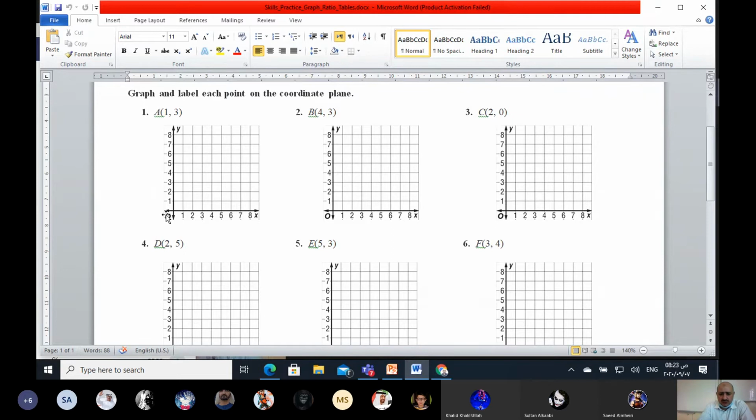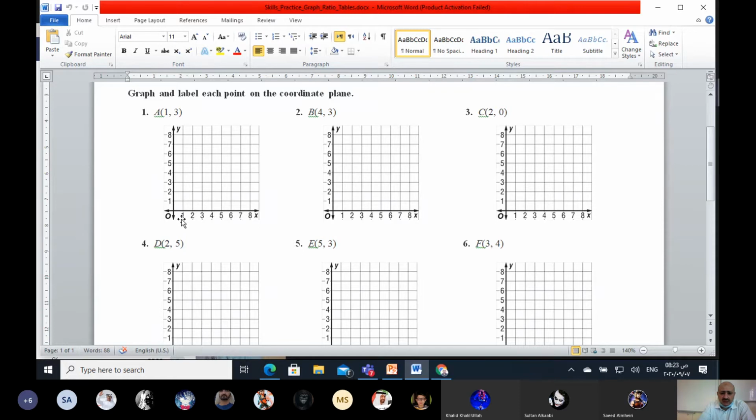The coordinate plane includes the horizontal line x-axis, the vertical line y-axis, and the origin point O. Here we have 1, 2, 3, 4, etc., and here we have 1, 2, 3, 4, etc. And here we have the ordered pair A (1, 3). 1 means the location on the x-axis, and 3 means the location on the y-axis. So this is 1 on the x-axis, and this is 3 on the y-axis.